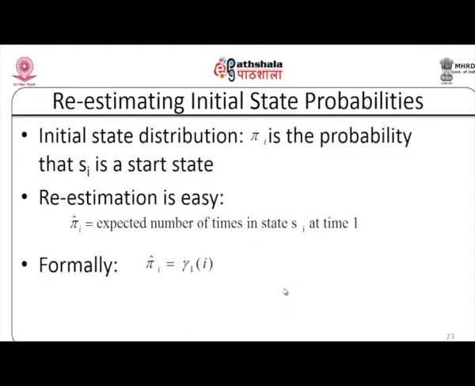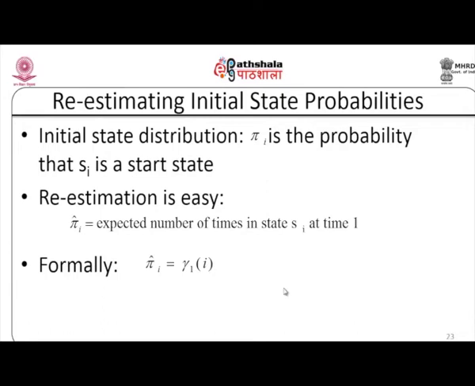Now, we also have to re-estimate the initial state probabilities. The initial state probability pi of i is the probability that Si is a start state. So, what do we do here? We have to re-estimate the expected number of times the model is in Si at time 1.